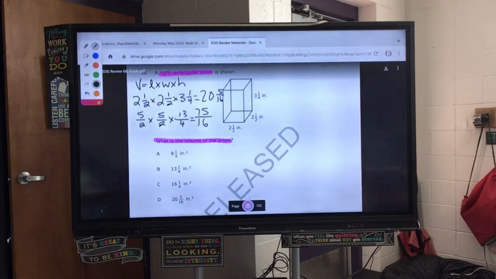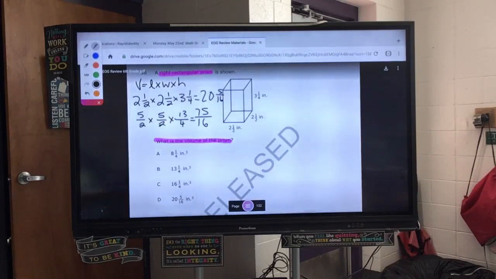So, someone do 75 divided by 16. What'd you get, William? I got 4.6875. 4 point what? 4.6875. In fraction form, it says. I don't think, hold on. 5 times 13.